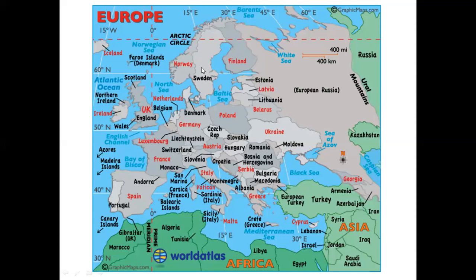These four countries are the Scandinavian countries because the landform and the culture is somewhat the same. That is the reason these four countries are called the Scandinavian countries. The names are particularly easy: Denmark, Norway, Sweden, Finland. These four are popular countries for tourism.